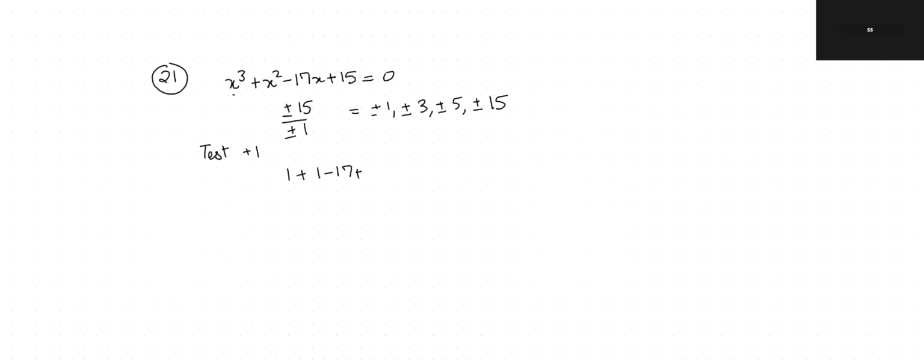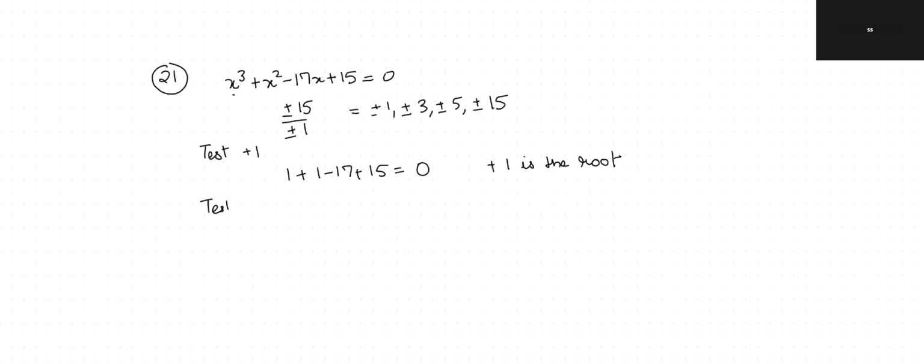Okay. So we get 0. It means plus 1 is the root, because when we put x equal to 1, it gives 0. Okay. Now we can test with -1 also.